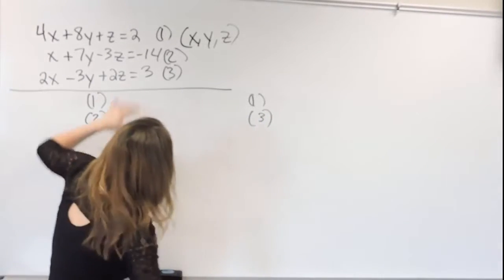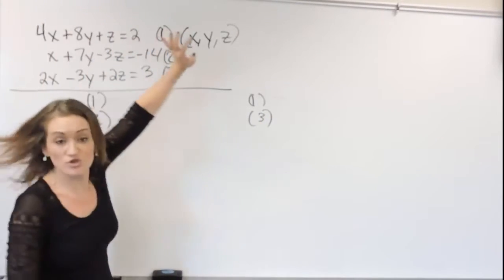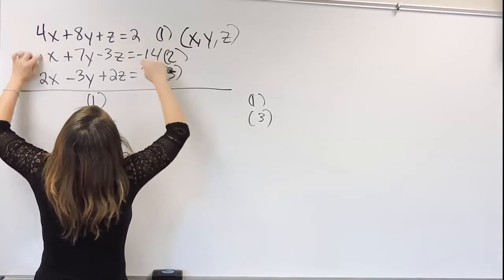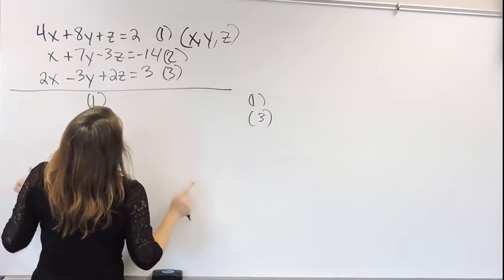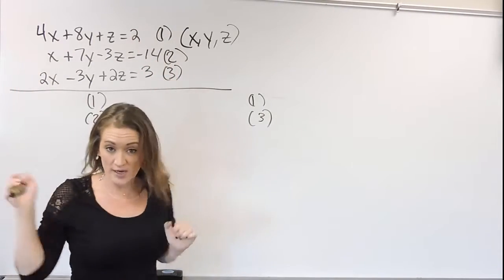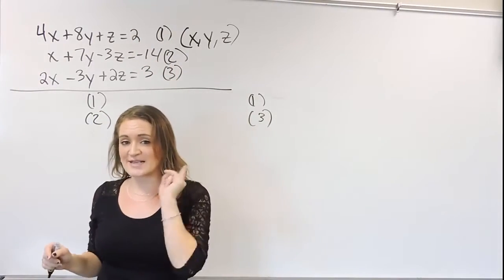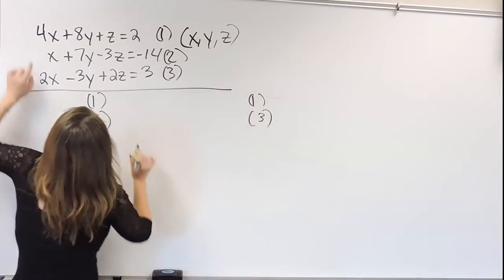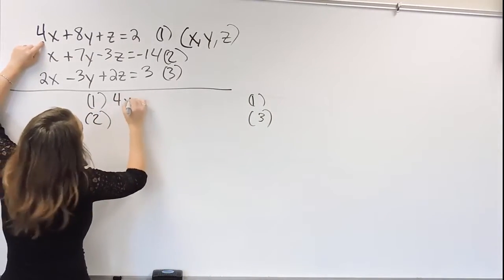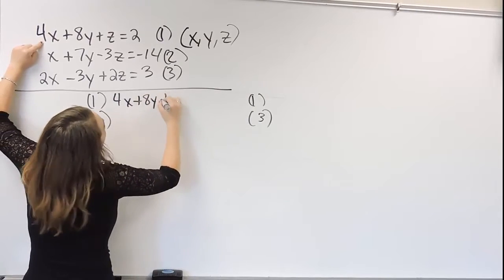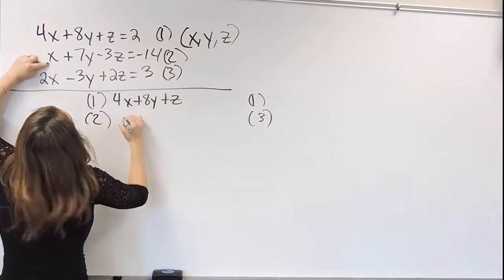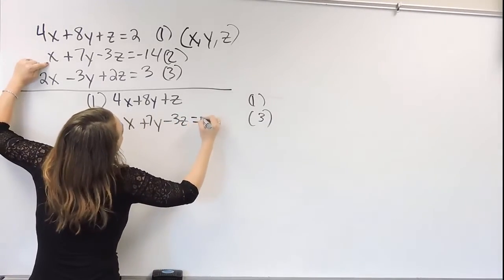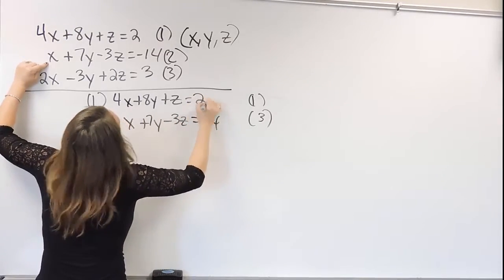Equation 1 is our control, our starting point. We deal with number 1 and number 2 first, then number 1 and number 3, and we eliminate the exact same variable in both of those. Let me get this written down. Equation 1 is 4x plus 8y plus z equals 2. Then we have x plus 7y minus 3z equals negative 14.